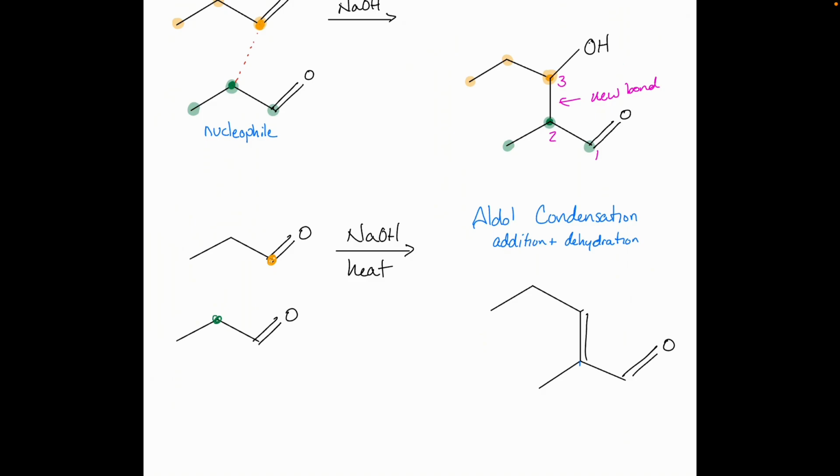Okay, so we can still play the same game. We've got the same number of carbons, 1, 2, 3. One, two, three from my alpha carbon fragment from my nucleophile.